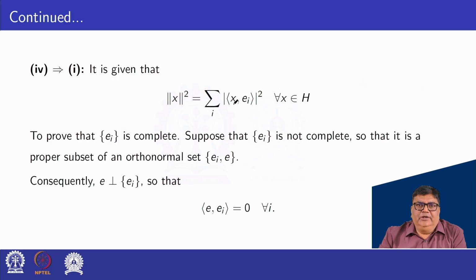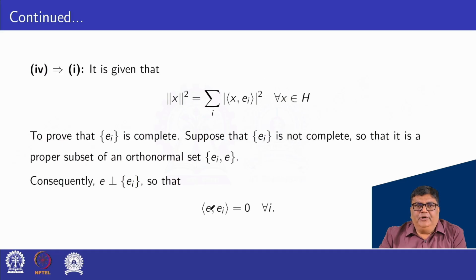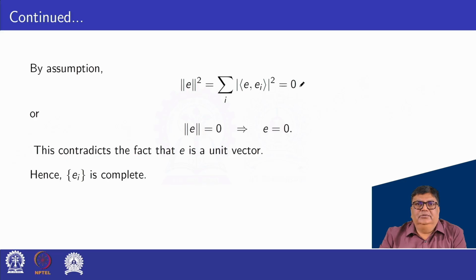Okay, so x is e, that is this one, and the inner product of e and ei is equal to 0, that is norm of e square is equal to 0, or norm e is equal to 0, that is e is equal to 0 because norm x is equal to 0 if and only if x is equal to 0.